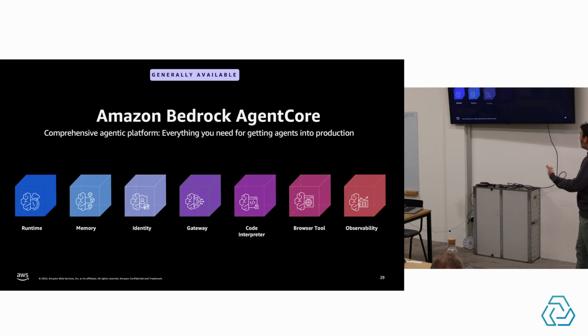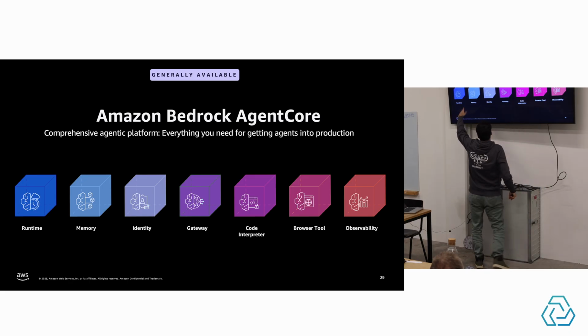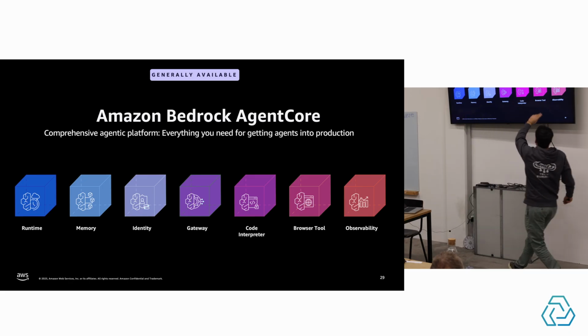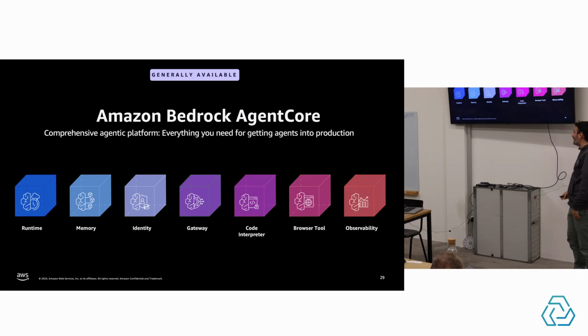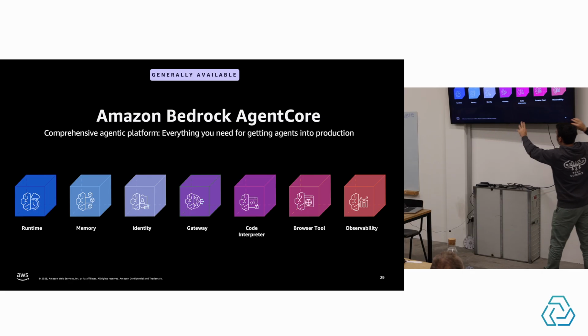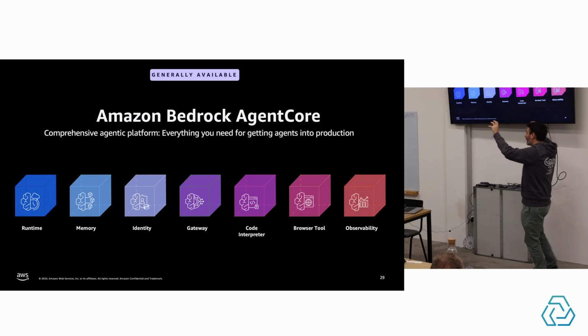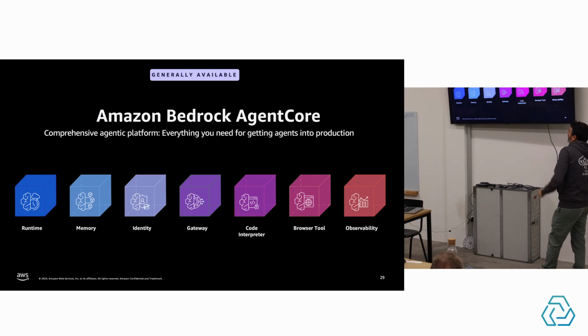And this is why AgentCore proposes a set of pillars: runtime, memory, identity, gateway, code interpreter, even browser tool, and observability. They try to put literally into boxes a lot of problems that so far were scattered across platforms, sitting in different places, and which were slowing down, to some extent, the development of AI agents.